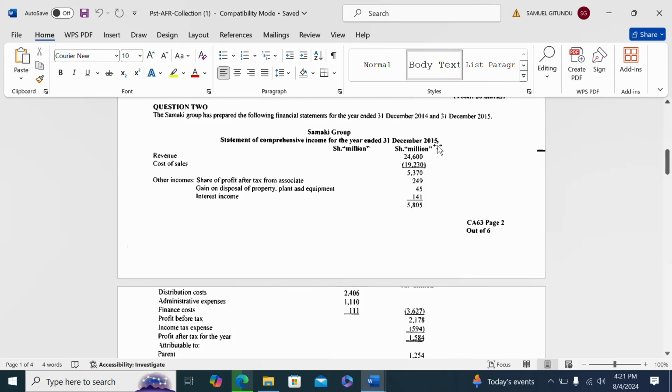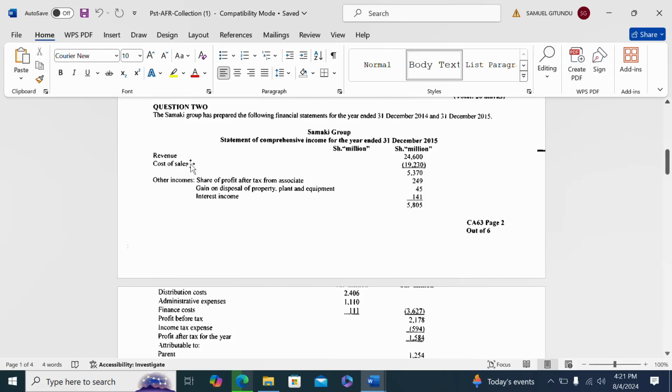Remember, when you're doing a cash flow statement, you're usually given a statement of comprehensive income or a statement of profit or loss, and then you are given two balance sheets, one for the previous year and one for the current year in which you are doing the cash flow statement. So this is the statement of comprehensive income.